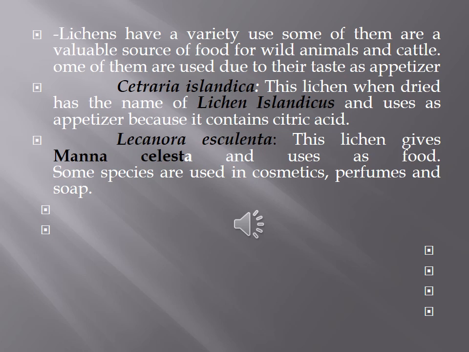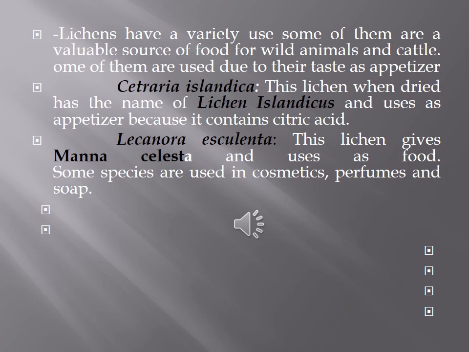Lichens have a variety of uses. Some of them are a valuable source of food for wild animals and cattle. Some are used due to their taste as appetizers. So they are either appetizers or food for animals.